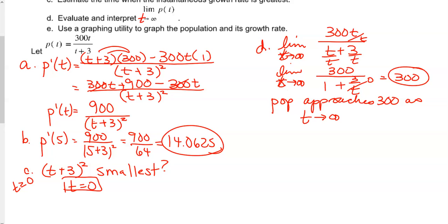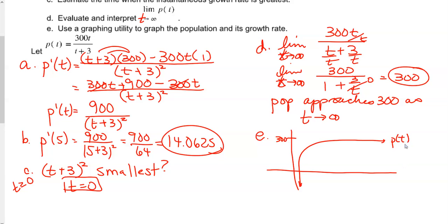Okay? All right, now for part E, what you need to do is it says use a graphing utility to graph the population and its growth rate. So I will tell you, I use Desmos, and you have to widen out the view a little bit to see what the graph looks like. Our original function is approaching 300 as we go to infinity, so 300 would be about here. This is our P of t.